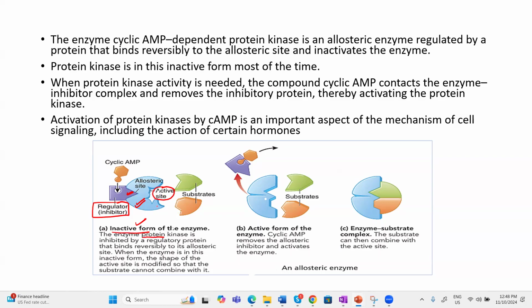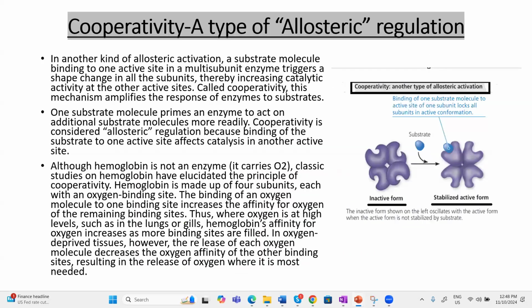Now, if I have to make this enzyme active, then cyclic AMP will bind with the inhibitor protein and make this regulator inhibitor inactive. The cyclic AMP will remove the inhibitor. And once the inhibitor is removed, the substrate can properly bind to the active site and an enzyme substrate complex is made. So this is a simple explanation to help you understand how allosteric enzymes work. Clear, beta?